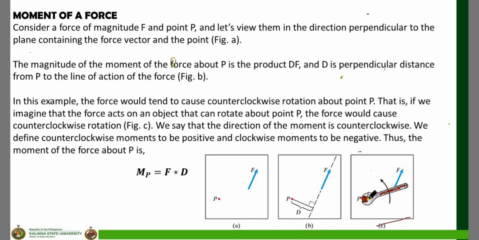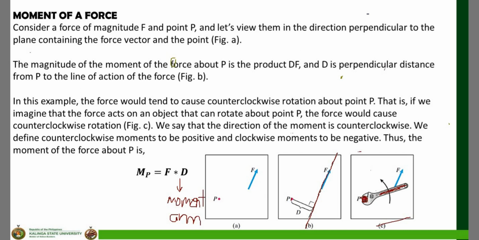Where we placed the bolt, we call that point P. Then the application of your force, this is the line of application of the force. The perpendicular distance from point P to the line of action of the force is D, or in other references, we call this your moment arm.